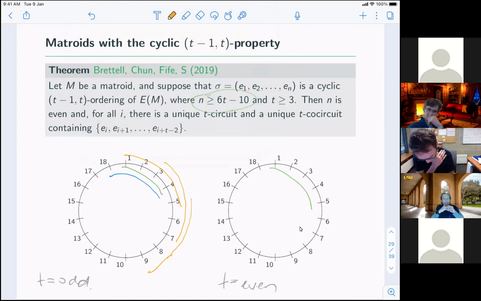Then one of these, that, or the one going backwards, is a circuit or a co-circuit. Exactly, oh sorry, one of those is a circuit. Not both of them, only one of them could be a circuit. So let's say it's the first one.